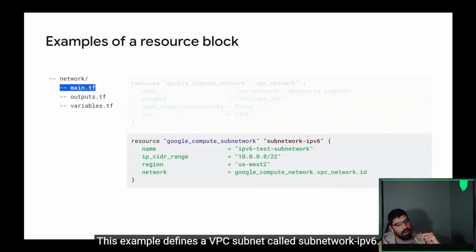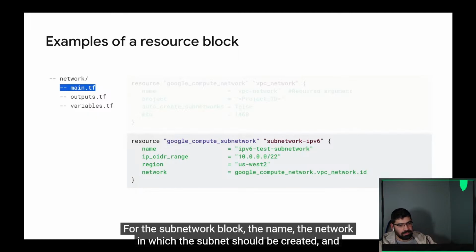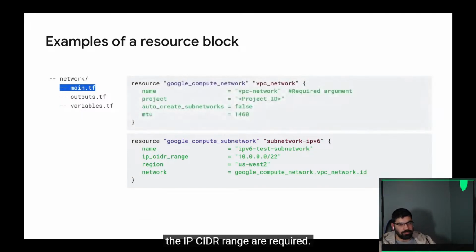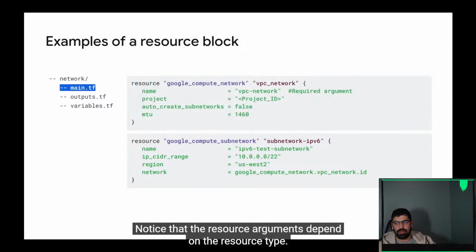This example defines a VPC subnet called subnetwork-IPv6. For the subnetwork block, the name, the network in which the subnet should be created, and the IP CIDR range are required. Notice the resource arguments depend on the resource type.